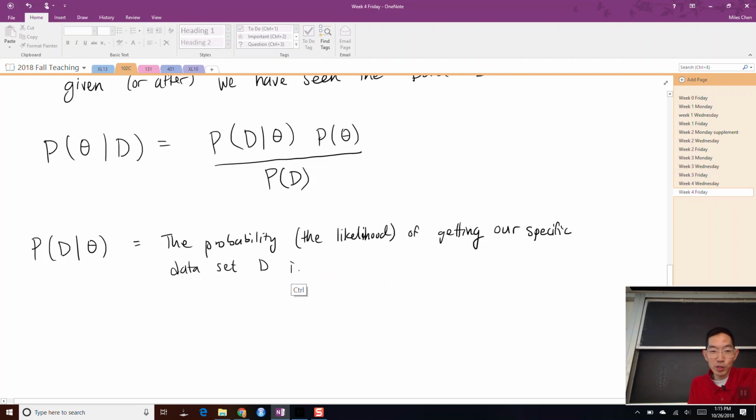Maybe I'll just write it. It's the probability of getting our specific data set D for a given value of theta.